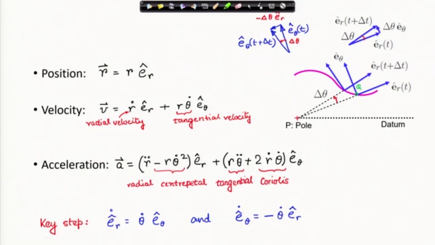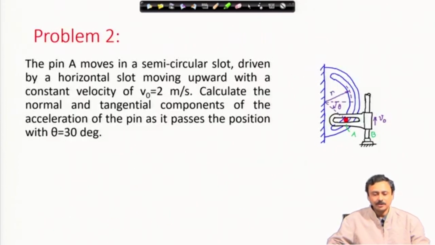Now, let me remind you that the key step in all these derivations has been Er cap dot is theta dot E theta cap, and E theta cap dot is minus theta dot Er cap, and this will come again later on.